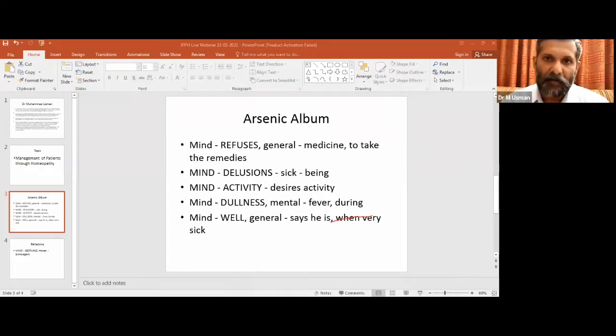We have a medicine which we call cuprum metallicum. That cuprum metallicum has a very nice rubric in it. That cuprum rubric I would like to share with you people also.